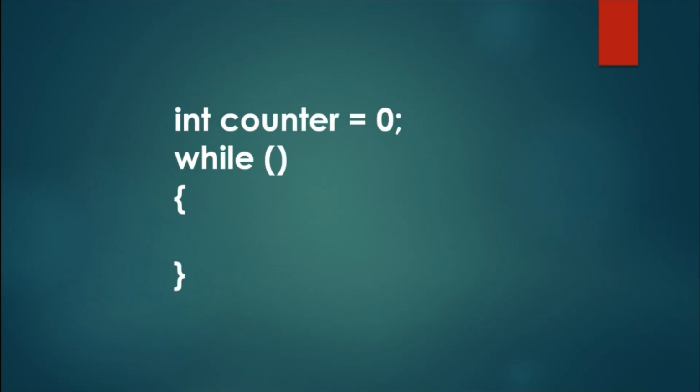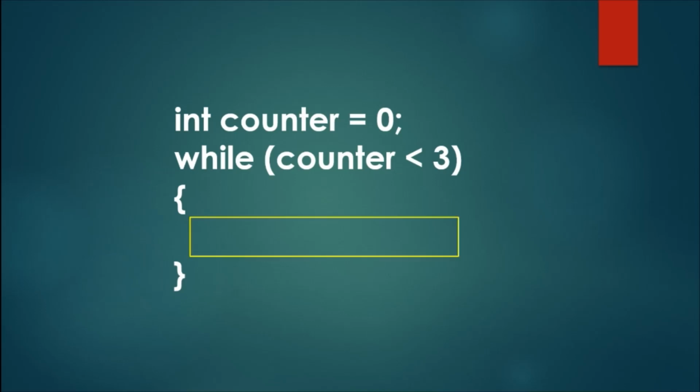For this example, let's say that we just want to print something 3 times. And so in these parentheses, I'm going to put counter is less than 3. And this can be read as while the counter variable is less than 3, we want whatever code we write inside these curly braces to run.